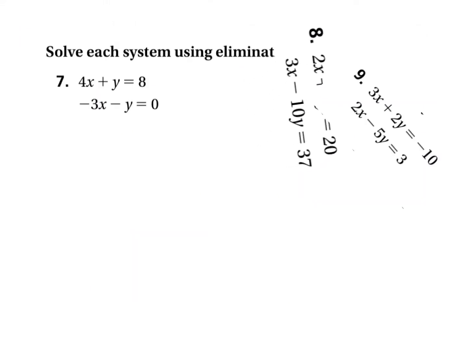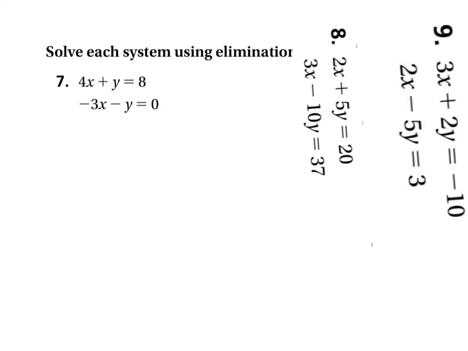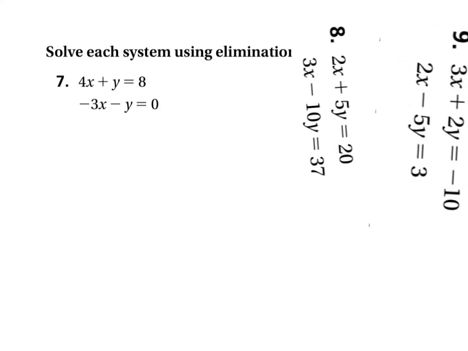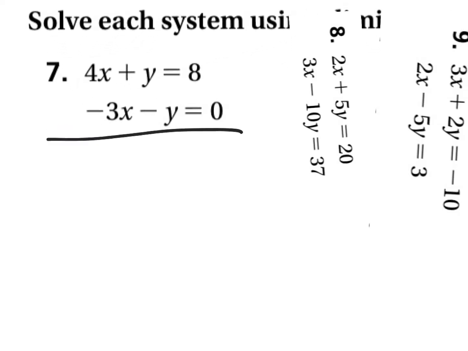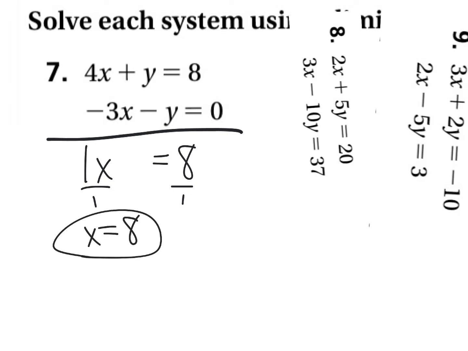Number 7, if we were going to solve that, this is set up pretty nice as it is, that we could just add these together and the y's would cancel. And even better, it's going to give me 1x equals 8. You can divide if you want, but that's going to tell us x equals 8. And then we can use that to figure out what y is equal to. I'm just going to use that first equation.